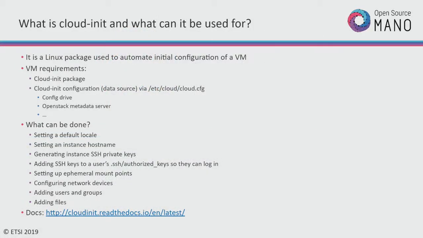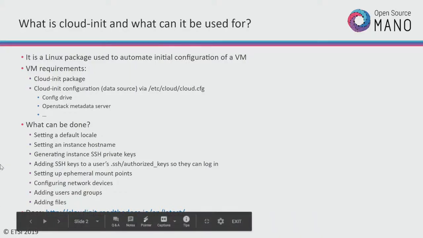So if you remember, this morning we explained that day zero is the process that happens at instantiation time. So it's the process where we can add users, password, SSH. Here we can see different things that Cloud Init can do for us.